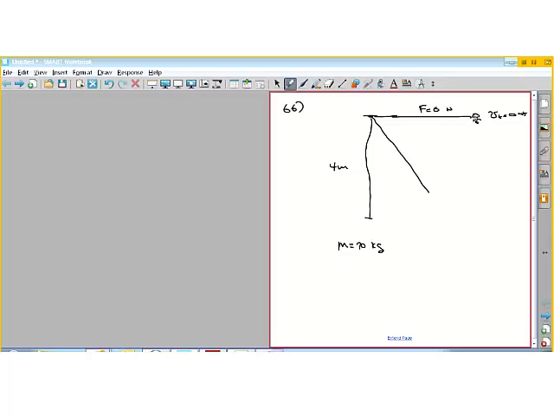Now the second case is at a height of 1.5 meters above the bottom of the circular arc. So what that means is that this distance is 1.5 meters, which means that the length of this part of this right triangle made this way is 2.5 meters, because 4 minus 1.5 is 2.5 meters.